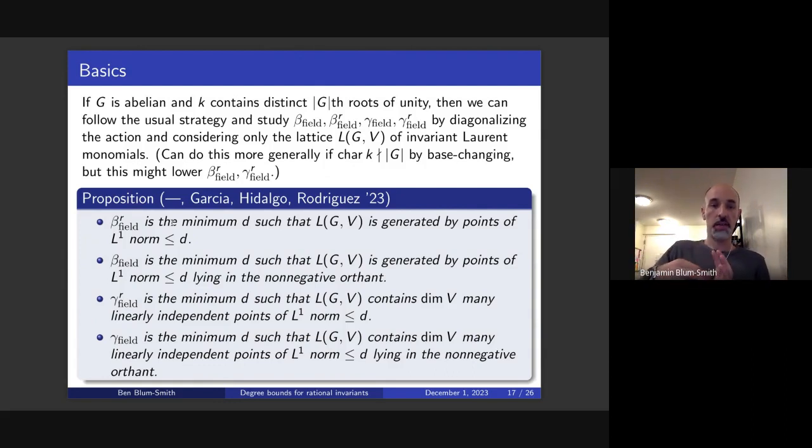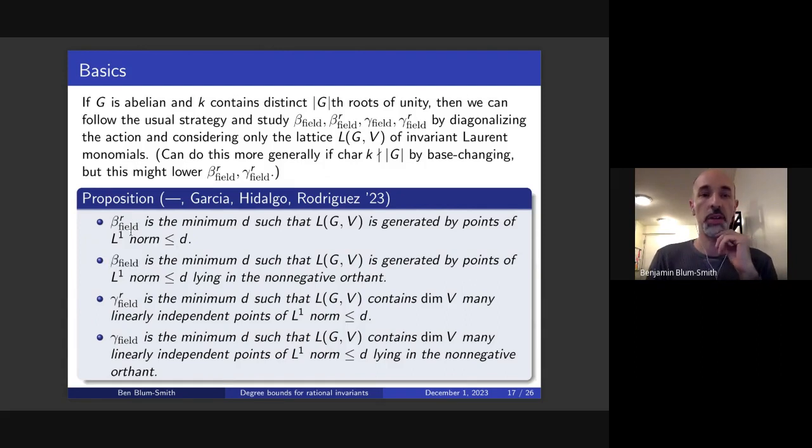And if you take the intersection of the L1 ball of radius d with the non-negative orthant, then you get the polynomials of degree less than or equal to d. So it turns out that the field is generated by the polynomials of degree less than or equal to d if and only if the lattice of invariant Laurent monomials is generated by the points of L1 norm less than or equal to d lying in the non-negative orthant. That's this one.